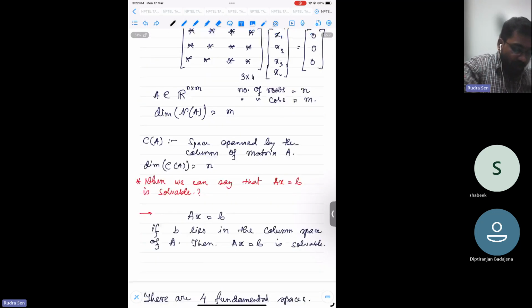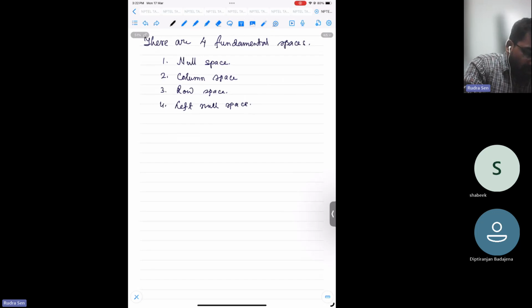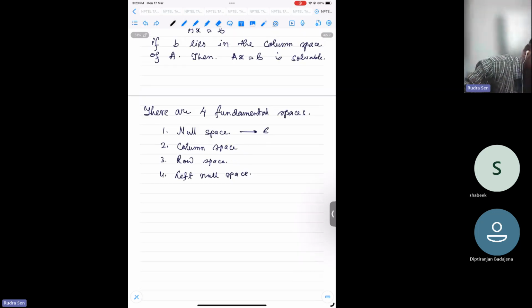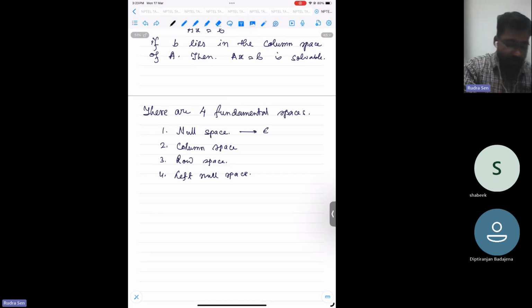Let's say all of this corresponds to a particular matrix A, and A belongs to the real numbers n cross m.